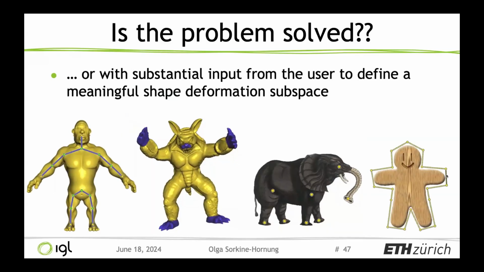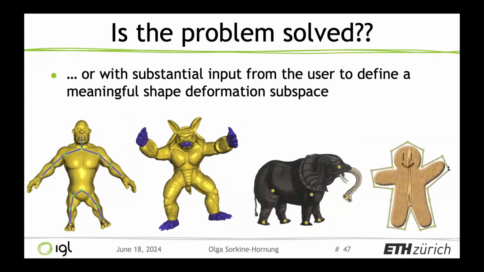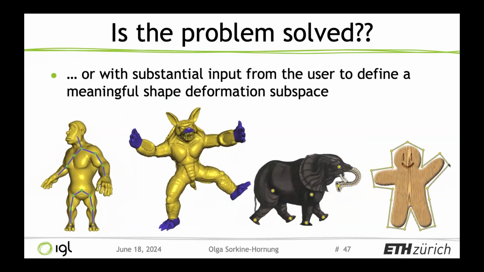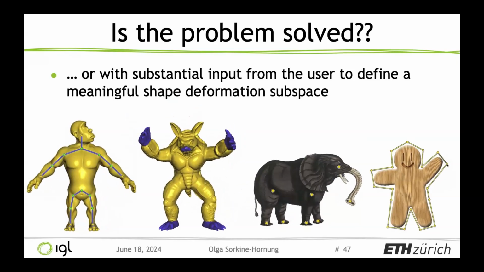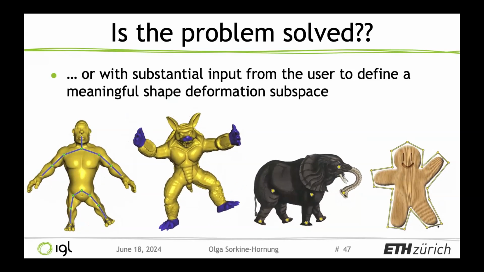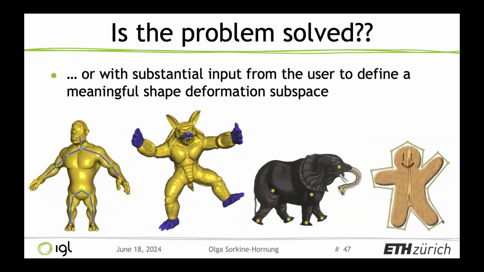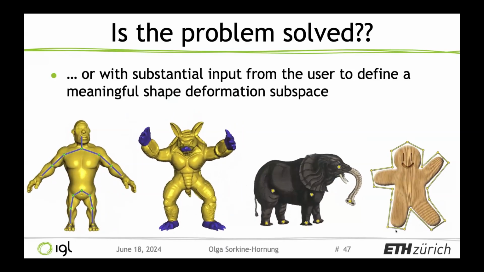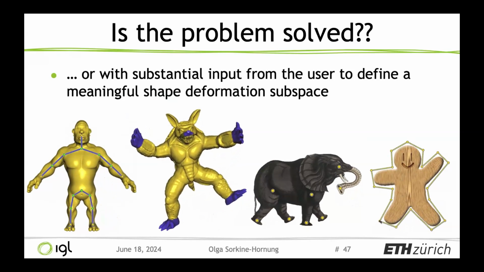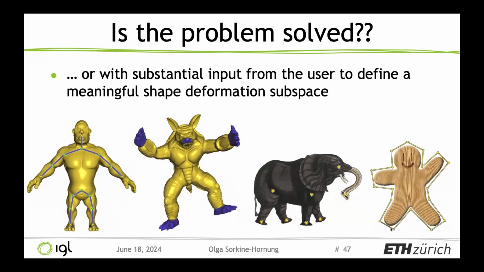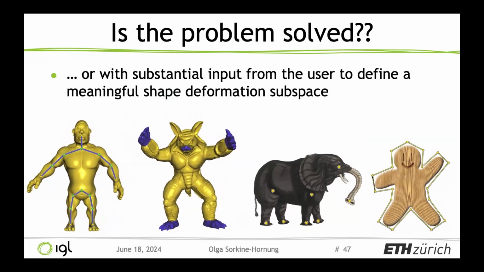And maybe more prominently, the problem is solved if the user is willing to invest all this effort into defining the deformation space somehow, the shape space, by placing all those handles and controls and explicitly controlling them and saying, for each skeletal bone, how it should rotate and so on.